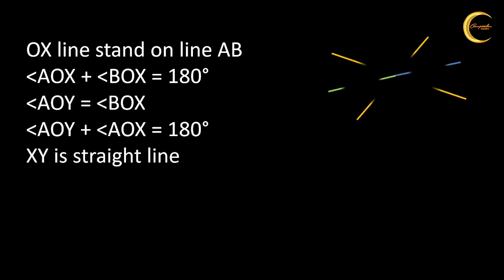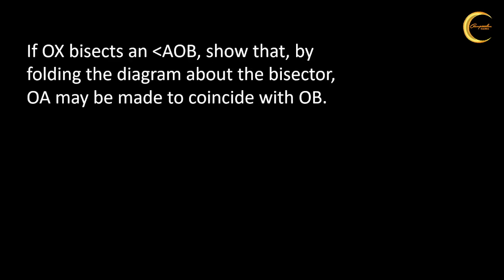By that way, we can also prove this exercise, and let's see another problem. If OX bisects an angle AOB, then by folding the diagram about the bisector, OA may be made to coincide with OB.